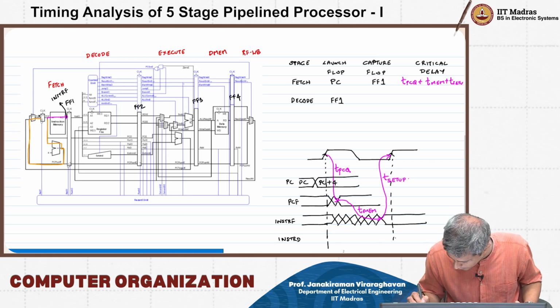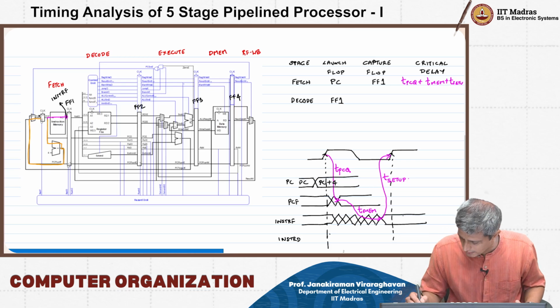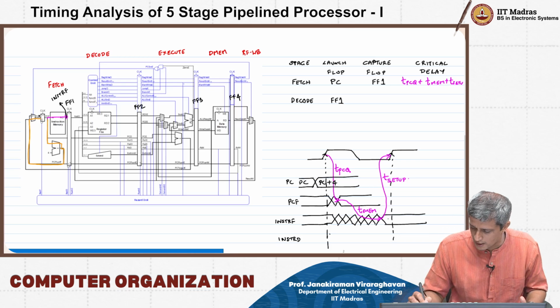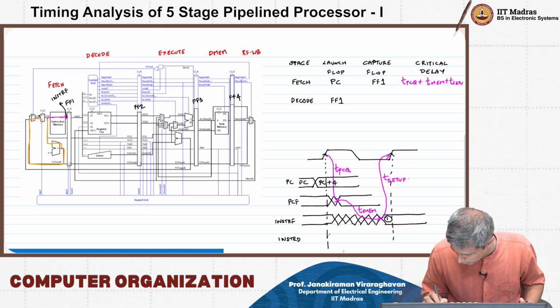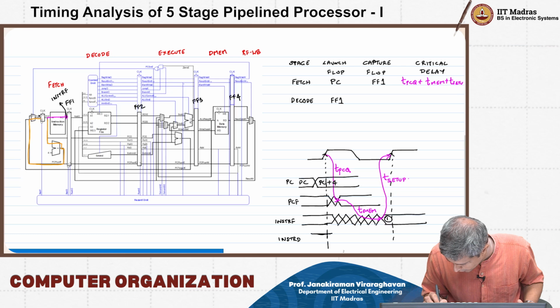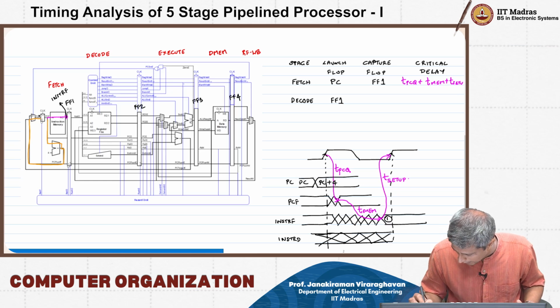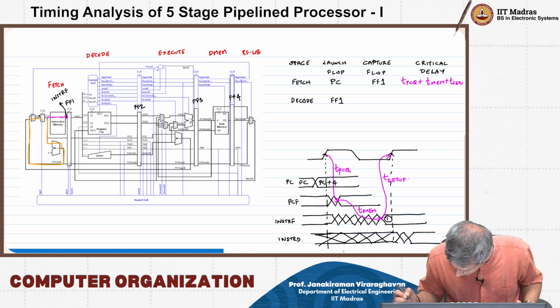Let's say that it has obtained instruction 1 out here. So this whole thing will be unknown in this period. I have no idea what it is, and it will take some time for this to settle.